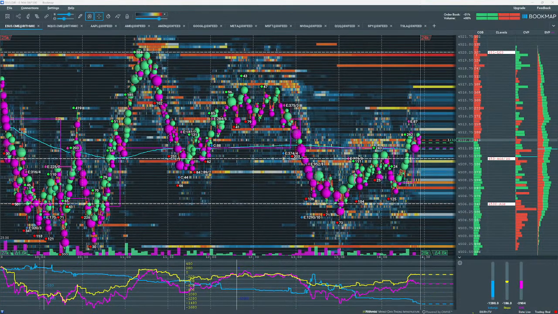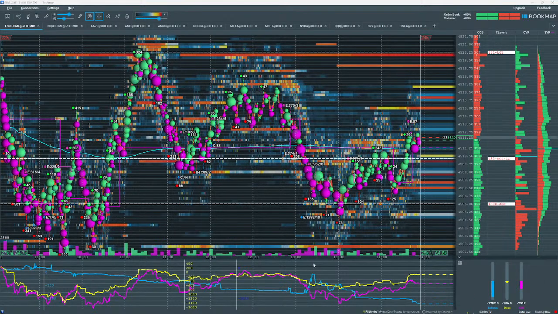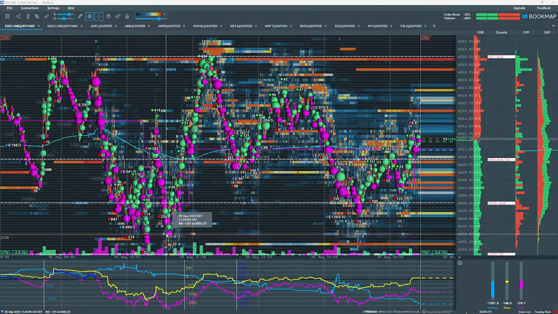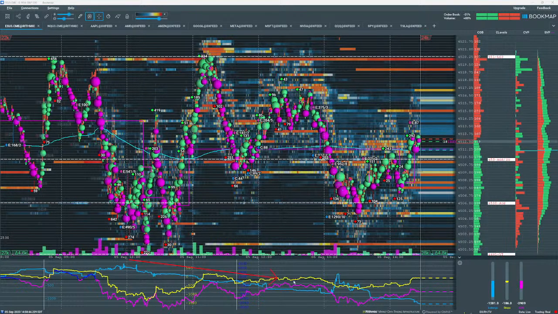Interesting to note that large traders are baiting this move. They have been all day, selling with iceberg orders. Not aggressively, but that blue line has been trending down since about 10 a.m. Light blue line showing iceberg orders.